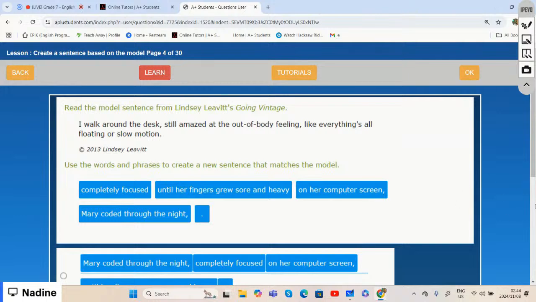All right. So now, if you look at our sentence and our model sentence, we just need to write a normal sentence that matches our model sentence.